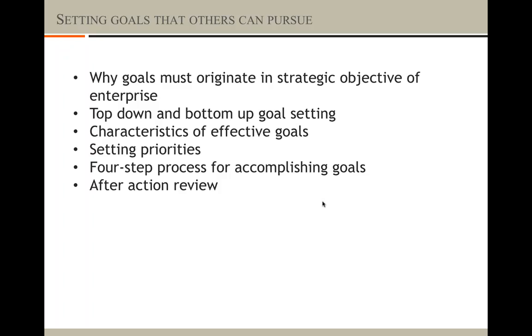Then there are two important approaches to goal setting: one is top down and the other is bottom up. We'll study what these approaches are, and then move on to the characteristics of effective goals and how we set priorities. Then we'll also talk about the four-step process for accomplishing goals. And in the end, we'll talk about after action reviews and the periodic reviews.